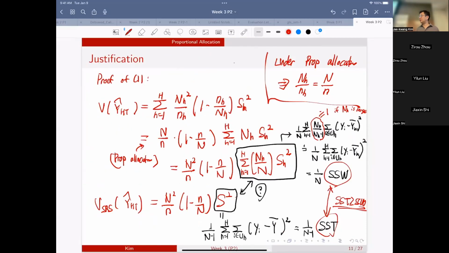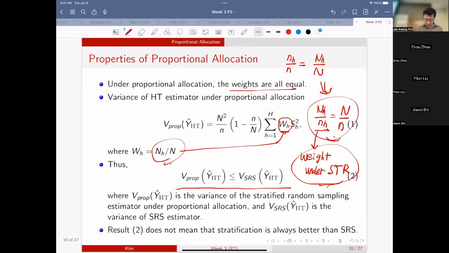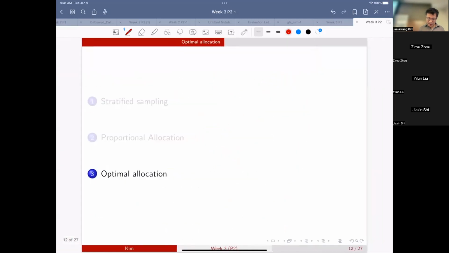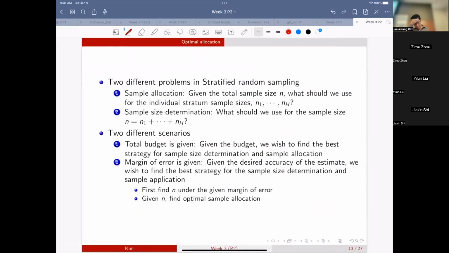Now the next topic is, what's the best way? So optimal allocation. We have sample size allocation. So two problems actually: sample size allocation, and also what is the total sample size that we want to use.